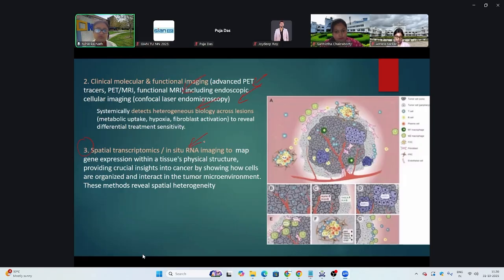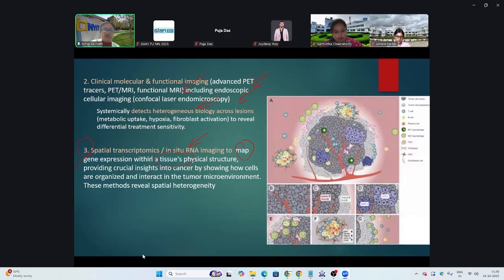And so it was really hard to find good pictures. Let me see. Essentially, what's happening is that it can be used to map the gene expression within a tissue's physical structure.